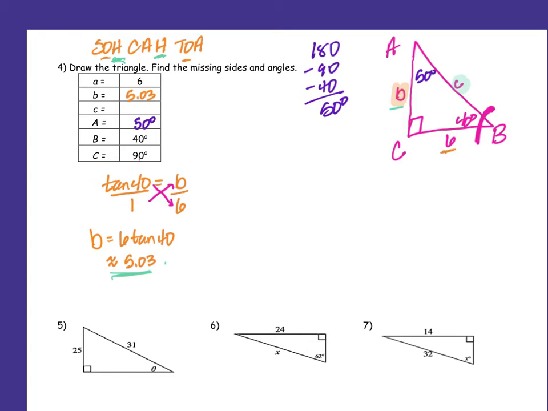And I still have the adjacent side. So the adjacent and the hypotenuse is cosine. So I have cosine of 40. I kept the same angle, so I didn't have to change a lot. Cosine of 40 equals adjacent, which is 6, over hypotenuse, which is C. Okay, I'm going to do the same thing. I have a fraction equaling a fraction, so I'm going to cross multiply.